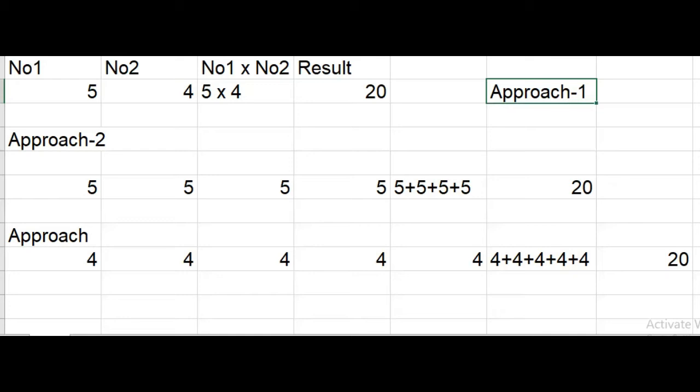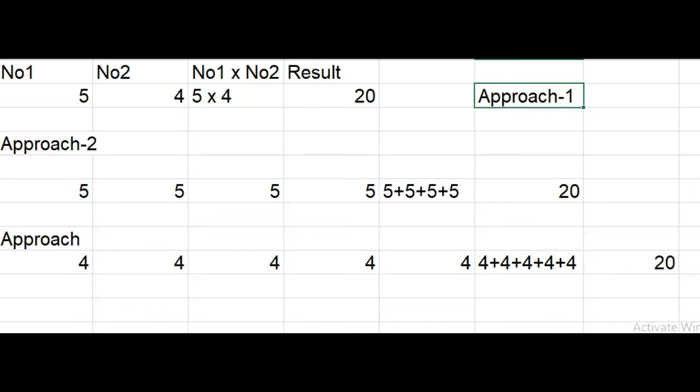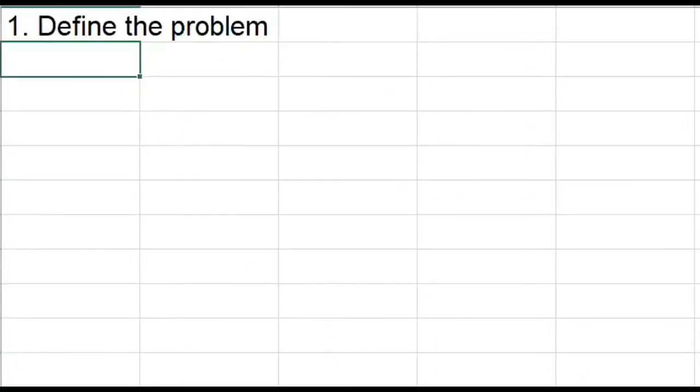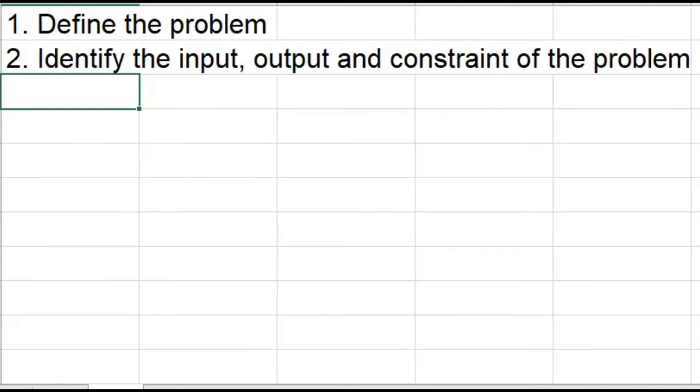Okay, so there are multiple steps for problem solving. The first one is to define the problem, that is, what is the problem? The second one is to identify the input, output, and constraints of the problem. Defining the problem means what has to be done. For example, in the example that we have seen, 5 into 4, the task was multiplication of two numbers.